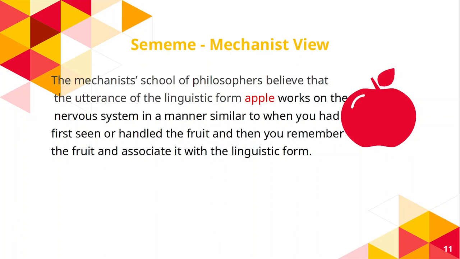So the Mechanist view says that the utterance of this word apple, as soon as someone utters it, works on the nervous system in a manner similar to when you had first seen or handled the fruit, and then you remember the fruit and associate it with the linguistic form.